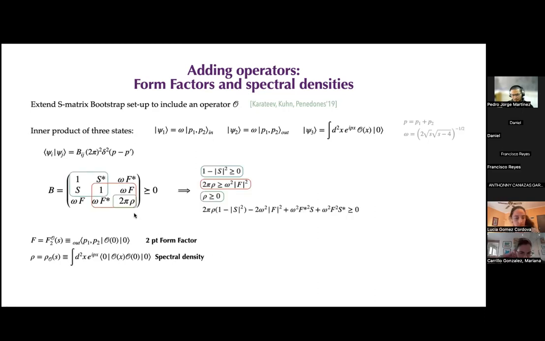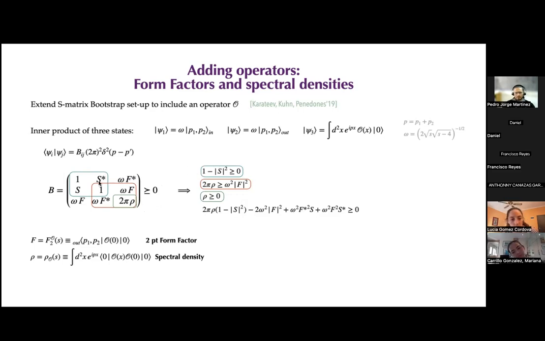So the positive semi-definiteness of this big matrix here, there's this Sylvester's criterion which tells you that the principal minors of the matrix are positive. So it's equivalent to say that the determinant of this blue matrix is positive.